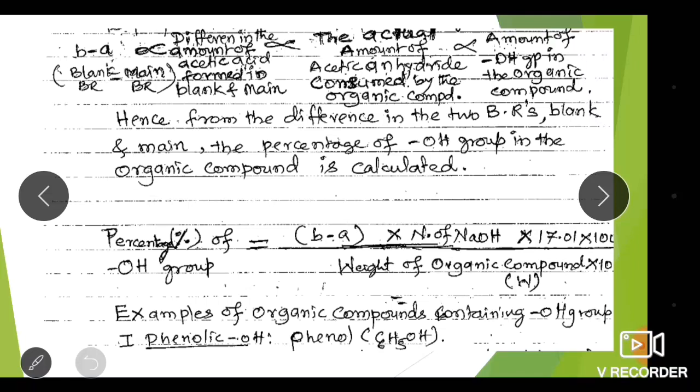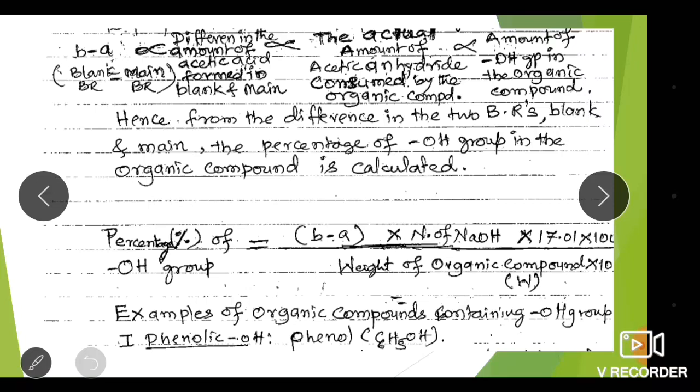The difference between the volumes consumed is directly proportional to the amount of OH group present in the given organic compound. Hence, from the difference in burette readings of blank and main, the percentage of OH group in the organic compound is calculated.